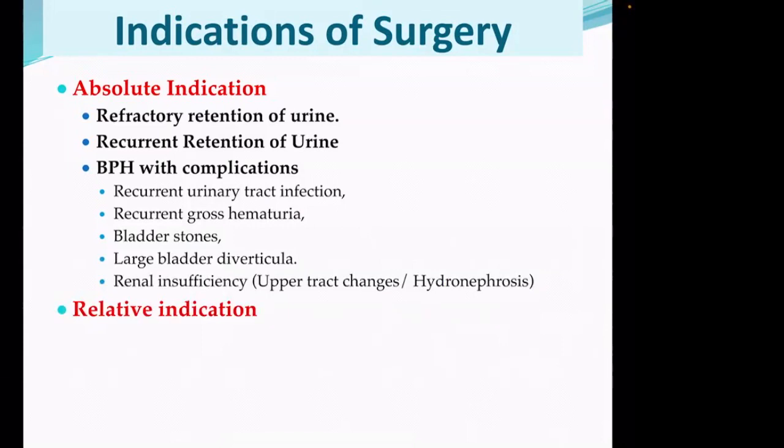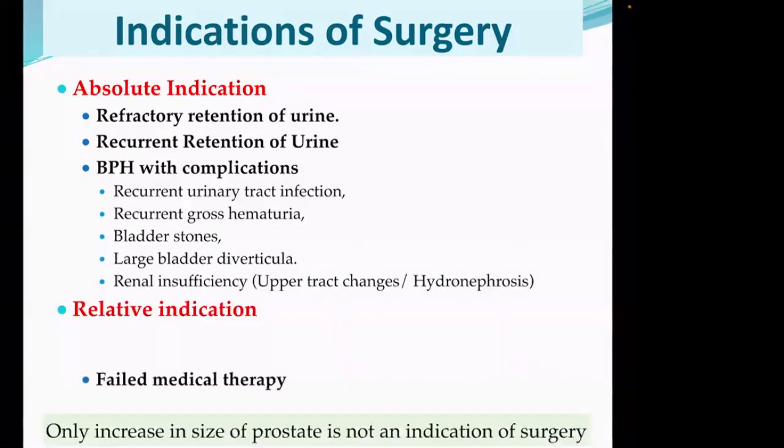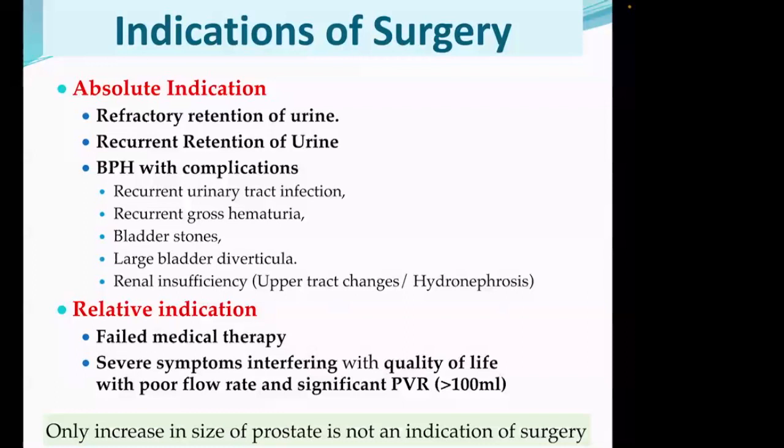There are some relative indications. For example, failed medical therapy, severe symptoms which are interfering with his quality of life. Plus, if the patient has post-void residue more than 100, these candidates can be managed by medical therapy. But if the patient complains of very severe symptoms, and if the patient wants surgical intervention, then you can do surgery in these patients as well.